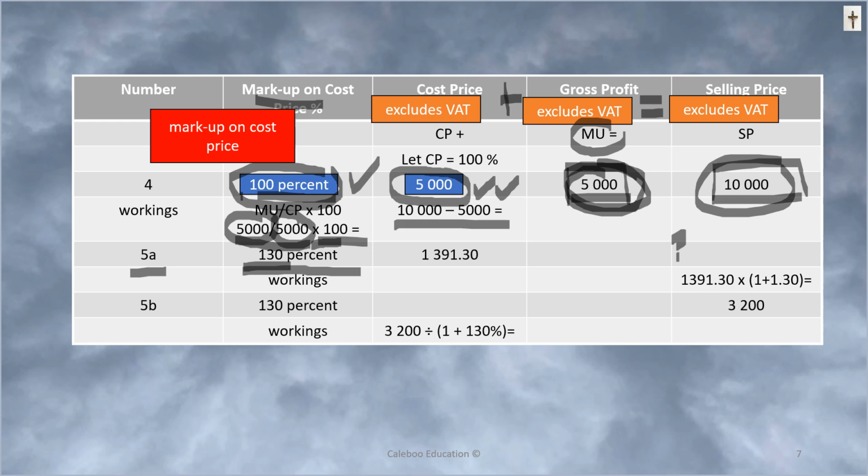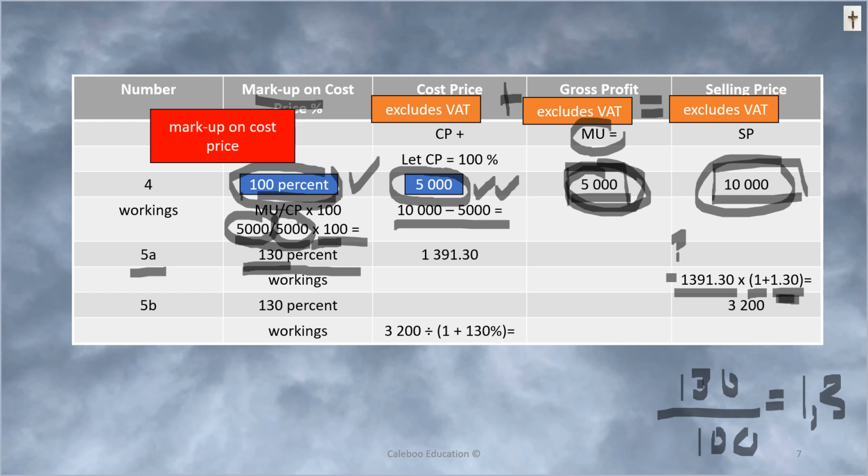So what we need to do is we take the cost price, we multiply by 1 plus 130%. And 130%, 130 divided by 100, because a percentage is out of 100, and this is 130%. 130 divided by 100, if you punch it into your calculator, is equal to 1,3.